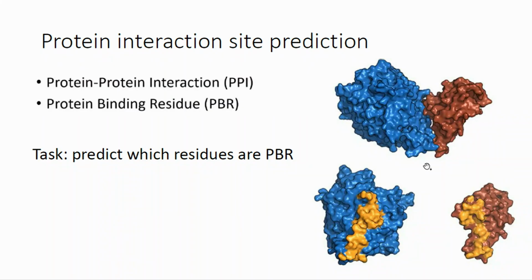Then we can highlight certain atoms or amino acids on the surface of the protein, and we usually call this PBR, or protein binding residues, or protein binding site of each single monomer. So this task is basically: given two proteins, with sequence level or structure level information, can I predict their binding site to some degree, or predict where the interface is for their binding.